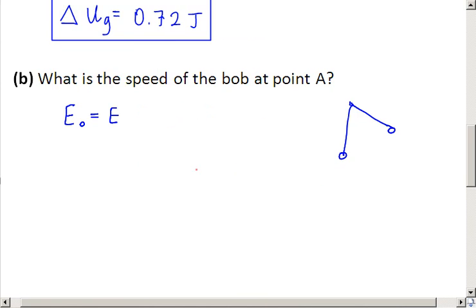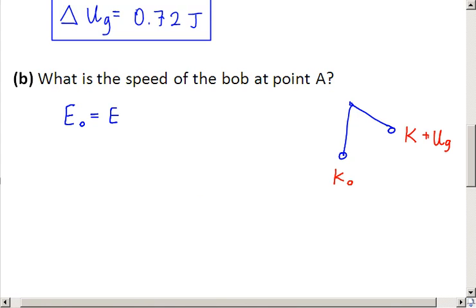Kinetic energy. So it has kinetic energy down here, and that's our initial position, so we'll call it K naught. All right, what does it have up here when it reaches this point A? Yeah, we're going to have to assume it has kinetic energy since we're looking for the speed there, and it has gravitational potential energy. So U G up there.